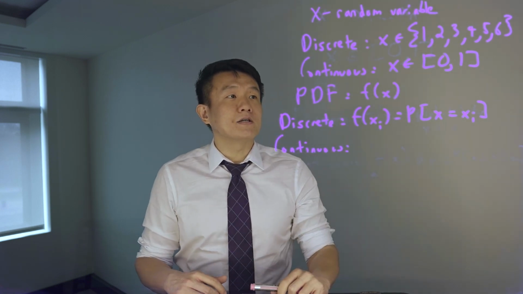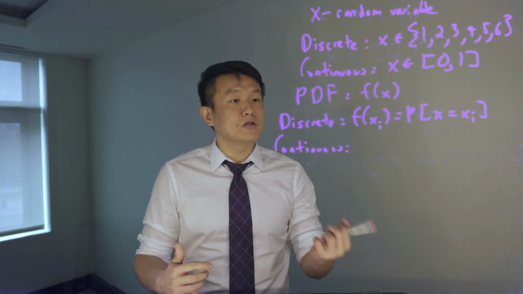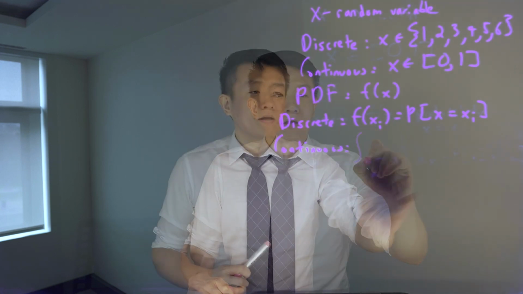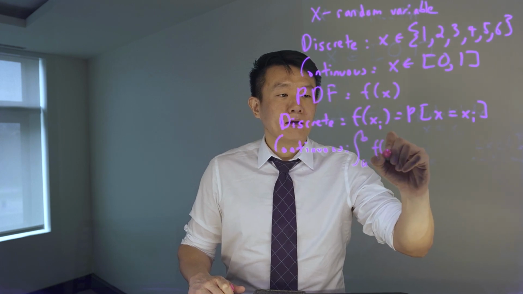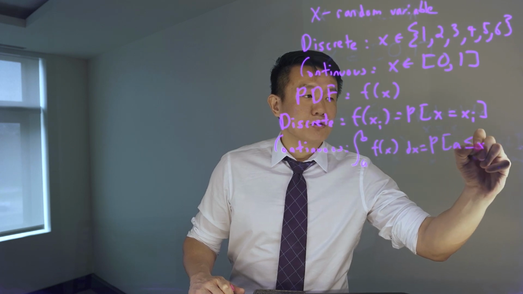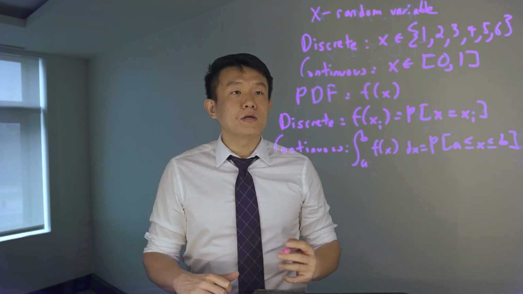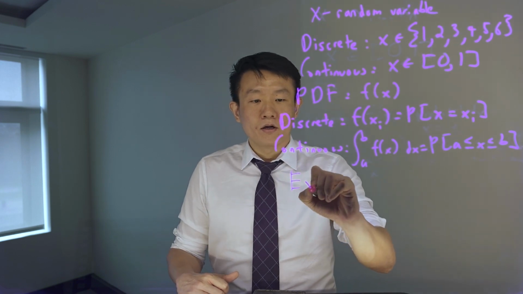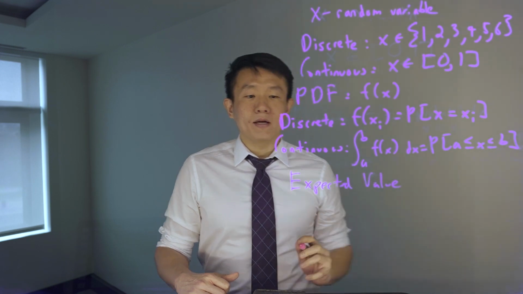So the density function is not going to give us the probability that it takes on each specific value, but it will describe it. How? If I integrate the density function between a and b, that's going to give me the probability that x falls between a and b.